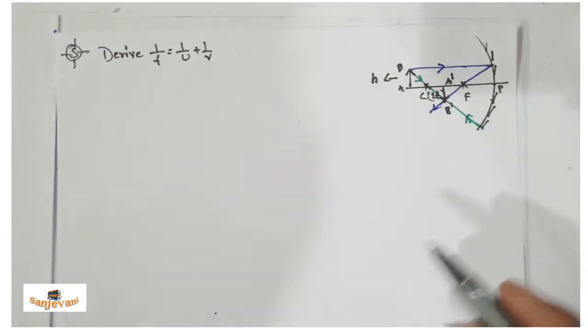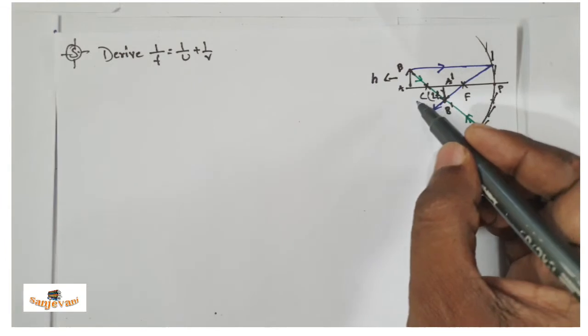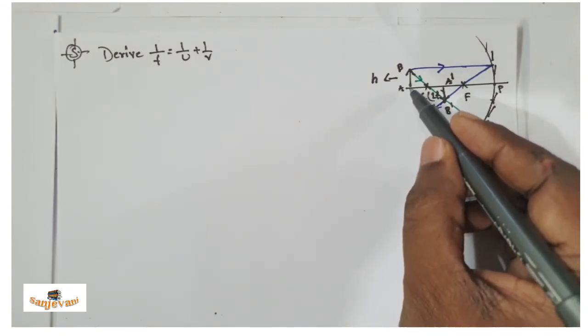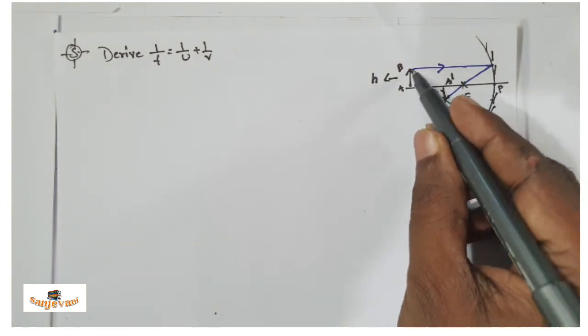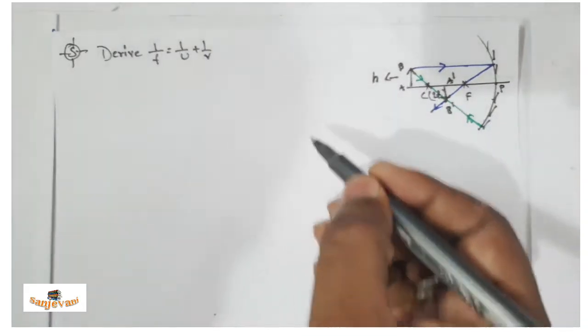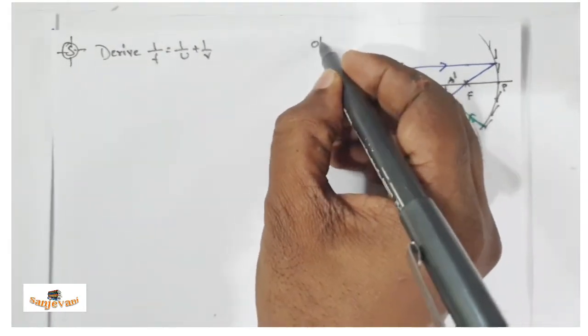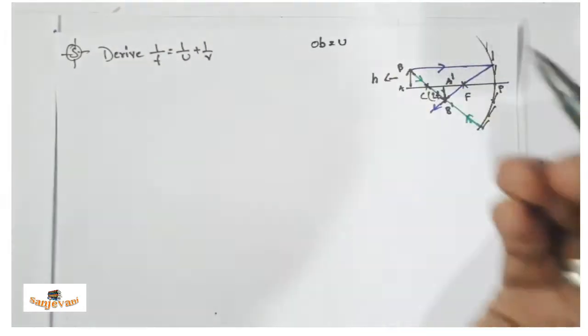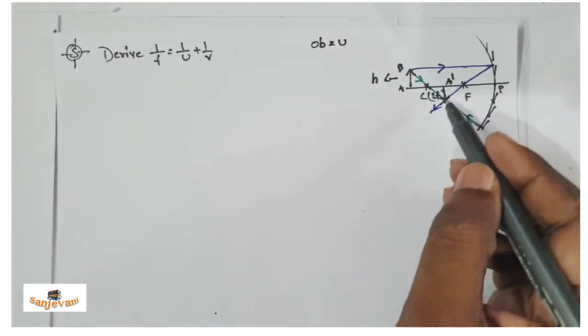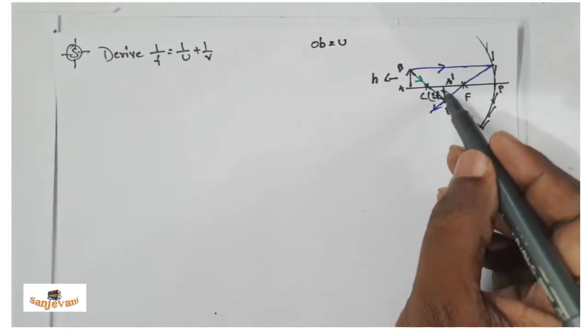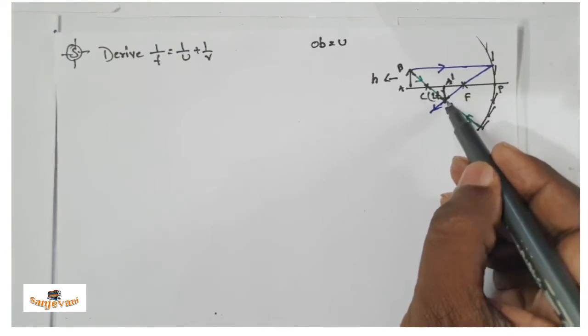Next, let's name some points. We know very well the distance from the pole to the object we call U. Object distance is equal to U. Is it clear to you? Next, the image. Where did we get the image? We got the image here.